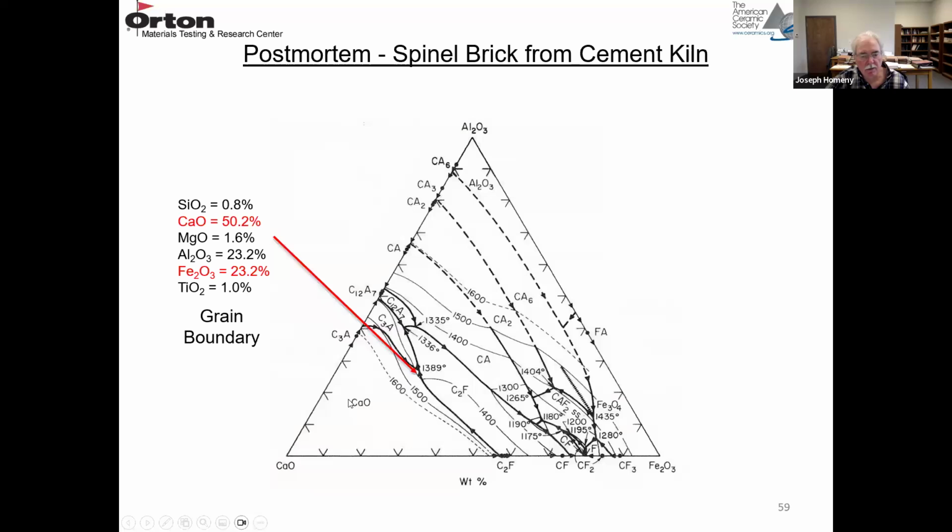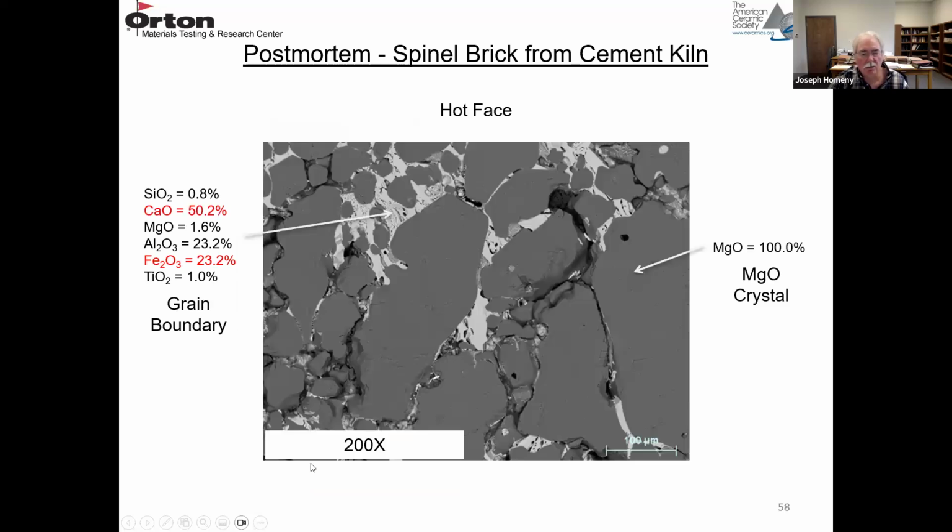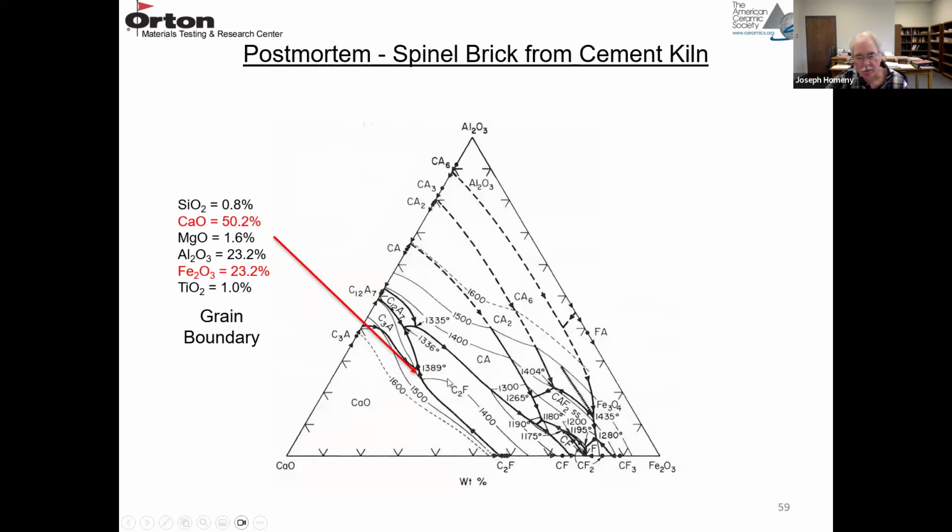So if you look at this, alumina, iron oxide, and CaO, which is what's present here. If you look at that phase diagram, the ternary phase diagram, Fe2O3, Al2O3, and CaO, you end up right about here.